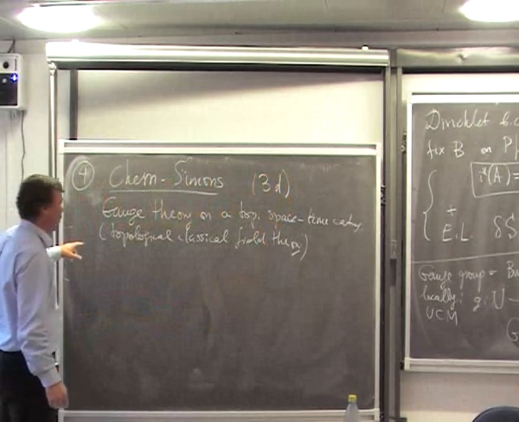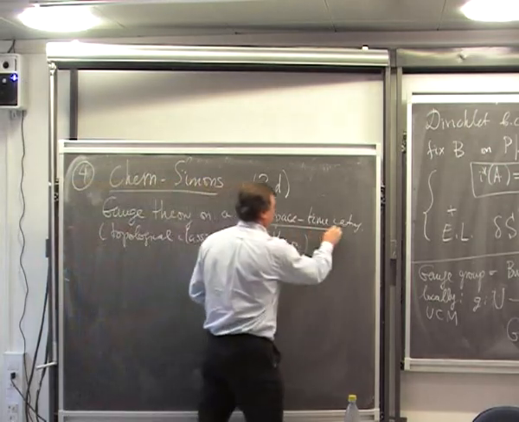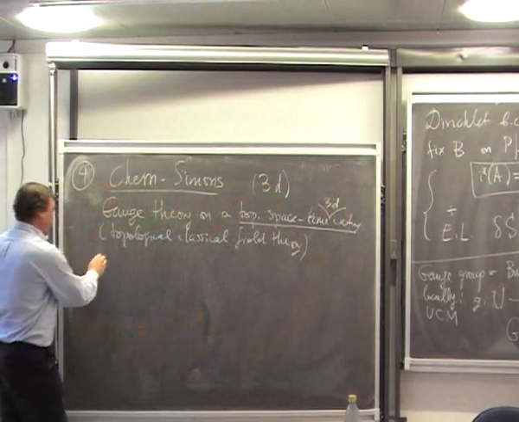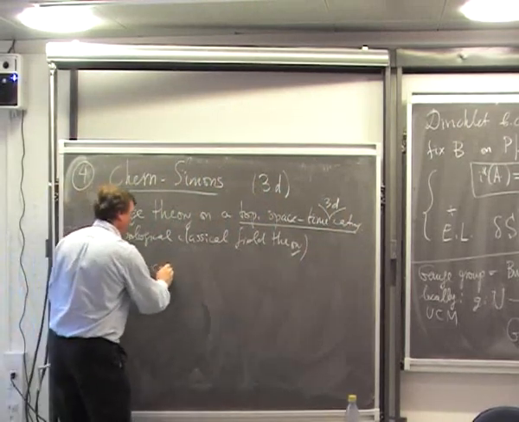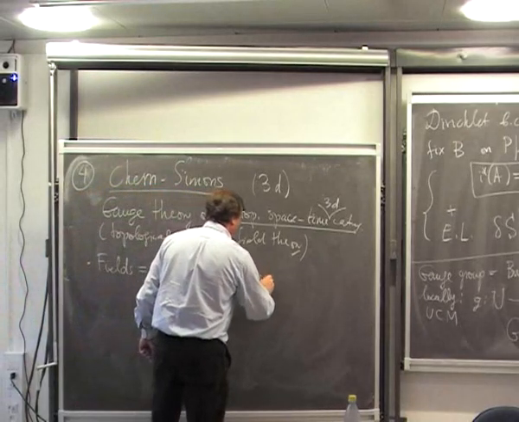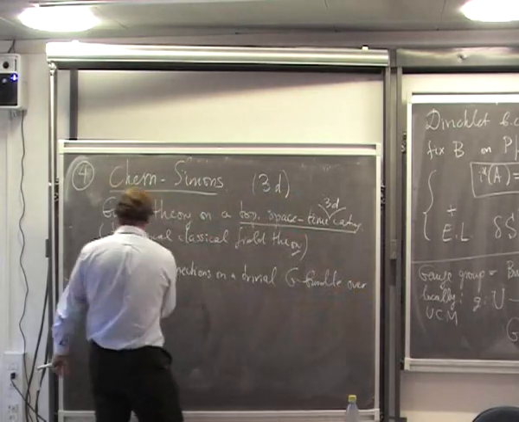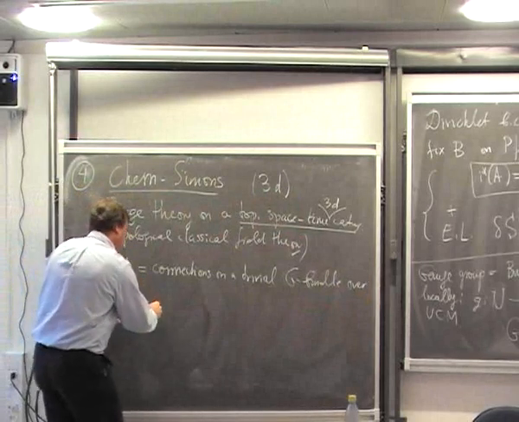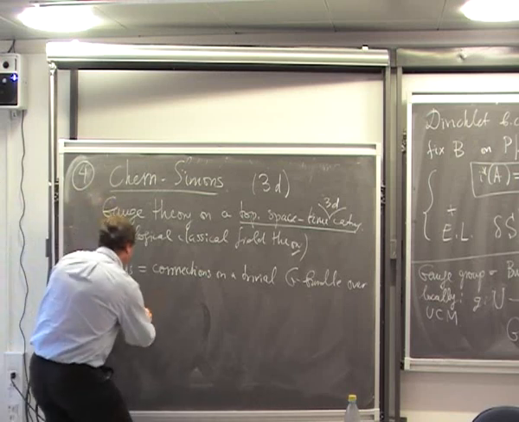So the space-time category is topological, three-dimensional, and fields are connections on a trivial G bundle over M. And the bundle is trivial, so one can identify connections with one forms globally.